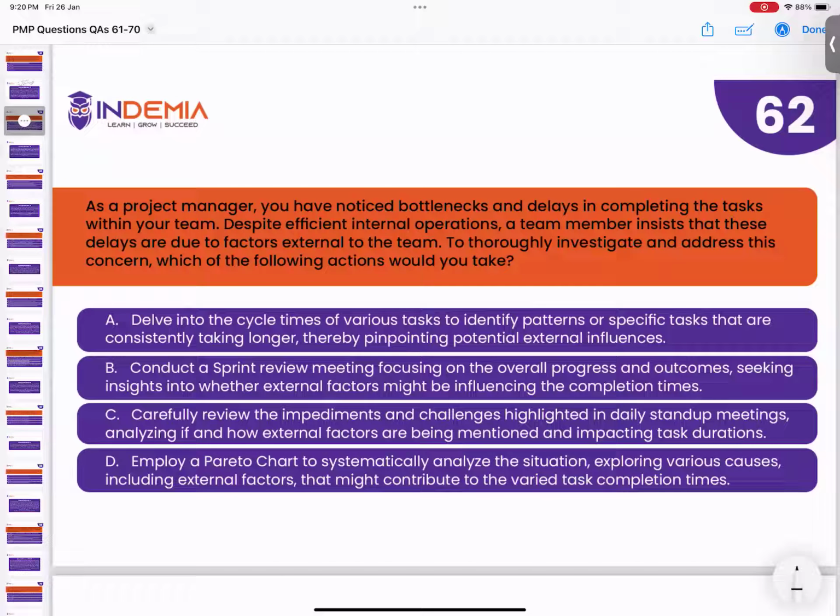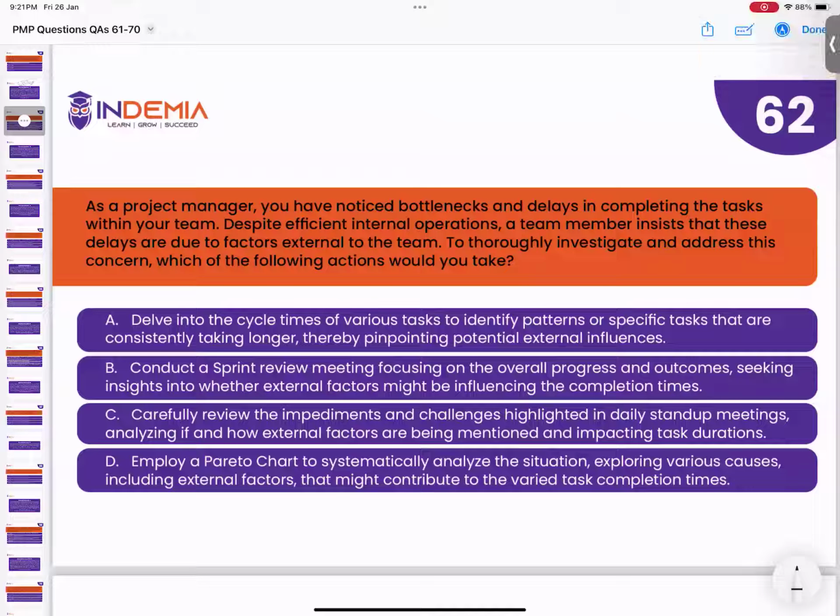So C seemed right because in the daily stand-up meetings, we carefully review the impediments and challenges highlighted, analyzing how external factors are impacting task duration. By analyzing them, we can figure out which factors externally affect the project's completion date. All right.